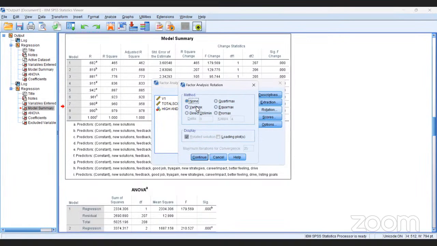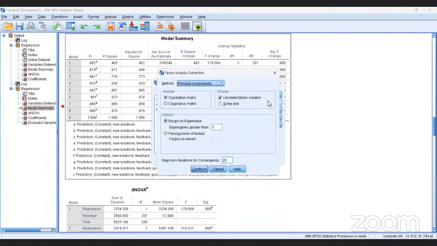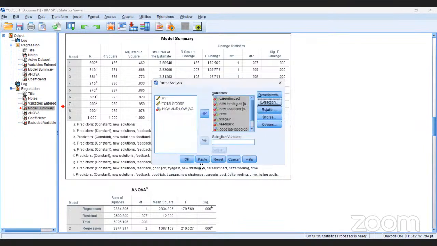You can click the Varimax rotation. Continue. There is extraction. Here it is written scree plot. You can click it. Continue.